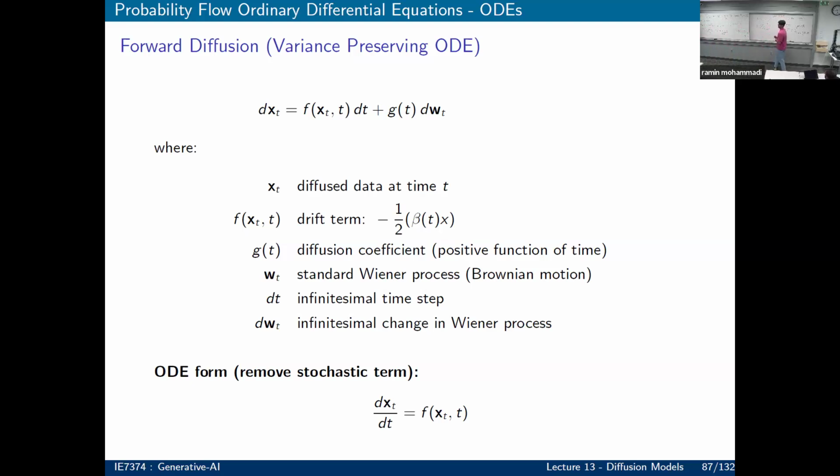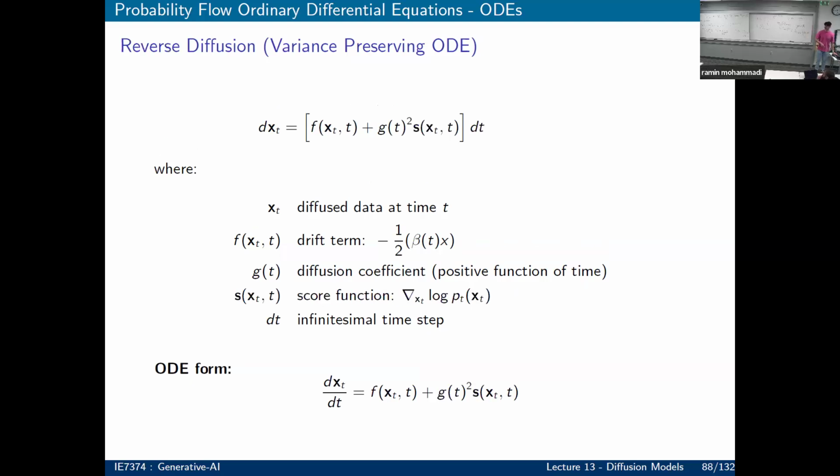That's a version of the ODE. When you see dt here, this has gone to the other side. So the ODE version is purely deterministic because you remove the stochastic term from there. Same equation, you just remove the stochastic term.